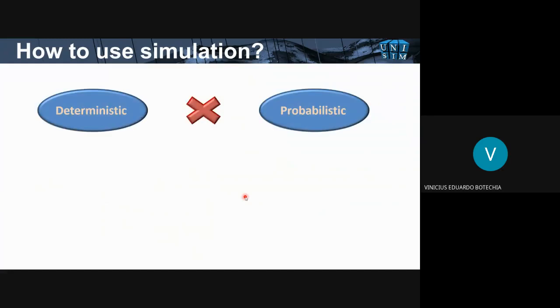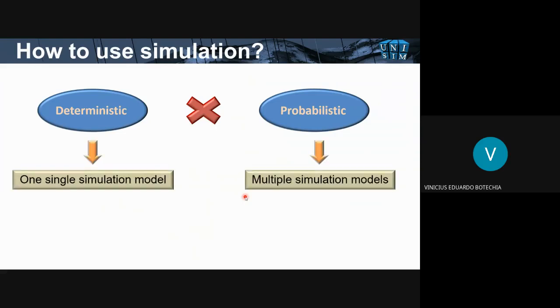So how to use simulation? Basically, there are two ways, right? Deterministic, when you use only one single simulation model, or probabilistic, when you use multiple simulation models. The deterministic can be used when you have few uncertainties, and the probabilistic is used more when you have uncertainty or risk analysis.